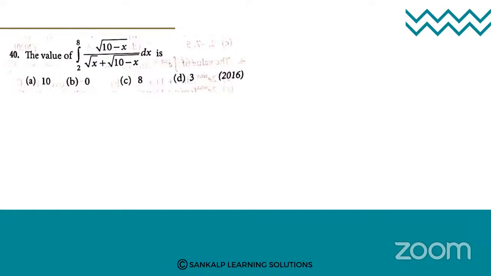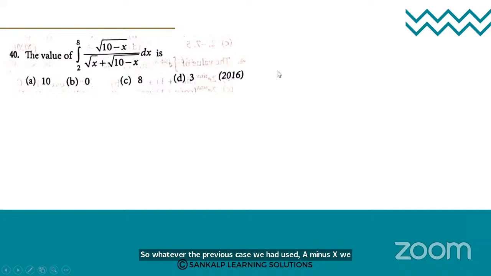Now we are again using a similar property, just replacing x with the same term, 10 minus x. In the previous case we used a minus x; here we are doing a plus b.